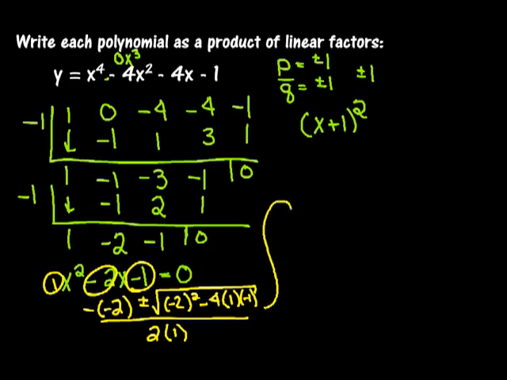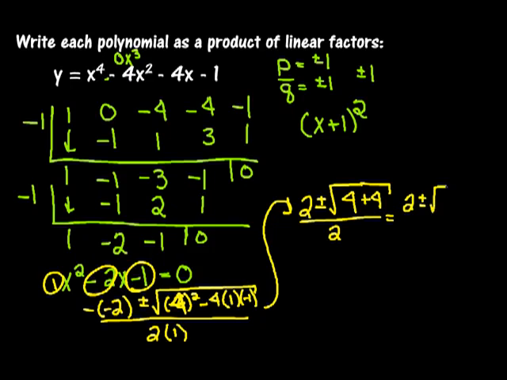So I'm going to bring this right up here. So negative 2 is a 2 plus or minus the square root. Now, negative 2 squared is actually 4. Okay, so 4. A negative 4 times a negative 1 is plus 4 under our square root. All over 2 times 1 is 2. So that gives me 2 plus or minus the square root of 8 over 2.